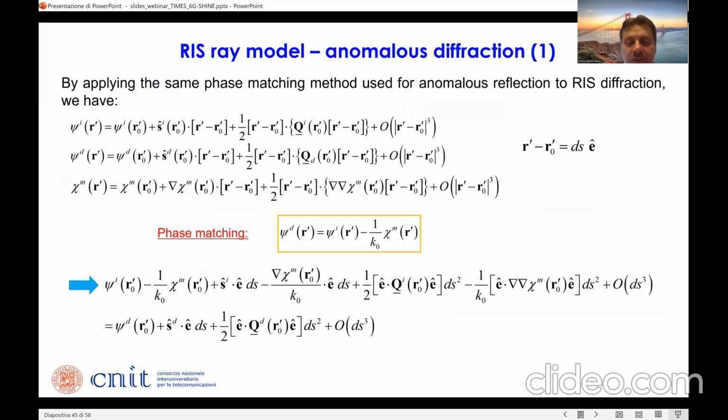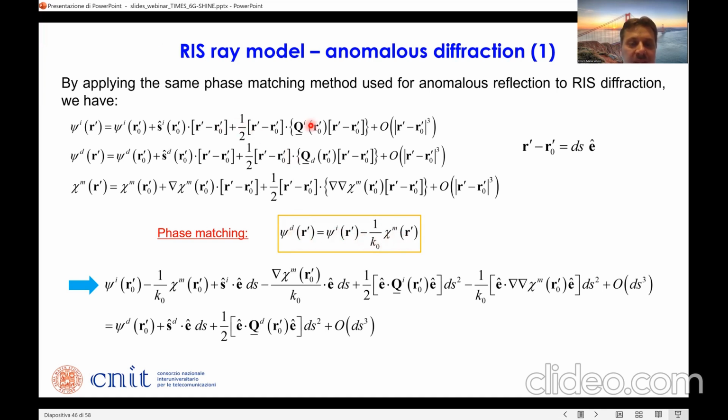Okay, so the procedure we follow for diffraction is basically the same we adopted for reflection. So we repeat the procedure to ensure the phase matching between the diffracted and incident field on the edge, taking also into account the phase modulation imposed by the RIS.